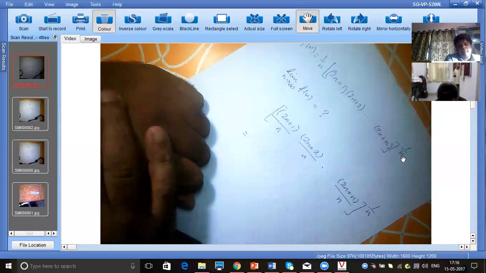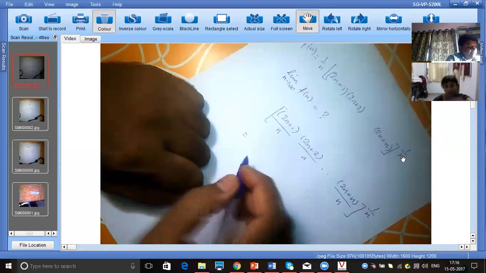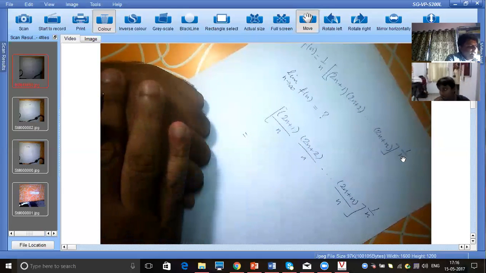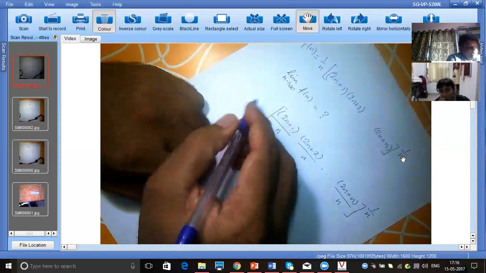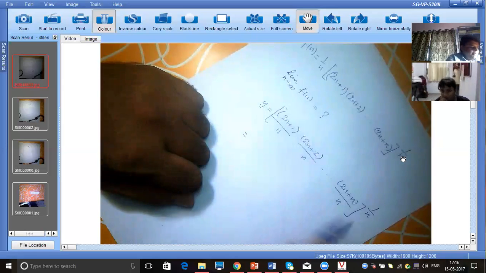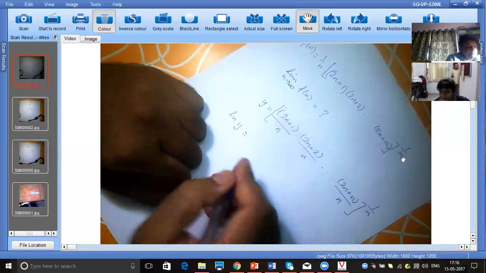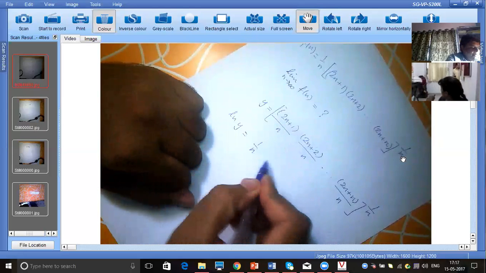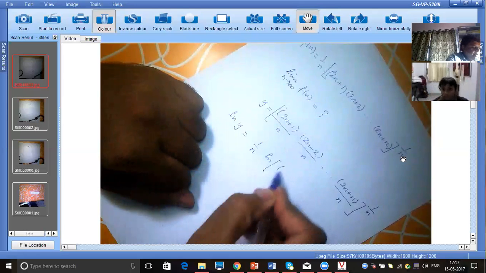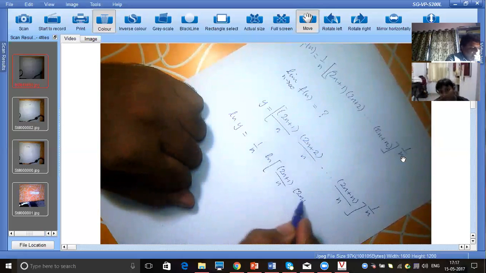So I took log on both sides basically. Okay, so now let us set this up as y equals this particular thing. Then you're going to do log y equals 1 by n log of (2n plus 1 by n, 2n plus 2 by n, so on up to 2n plus n by n).